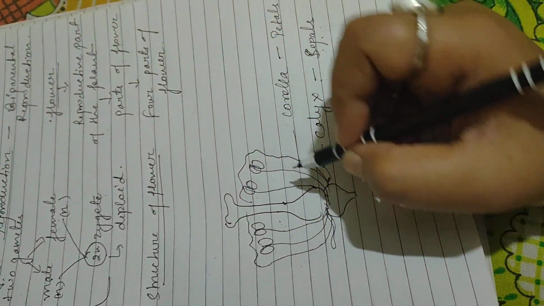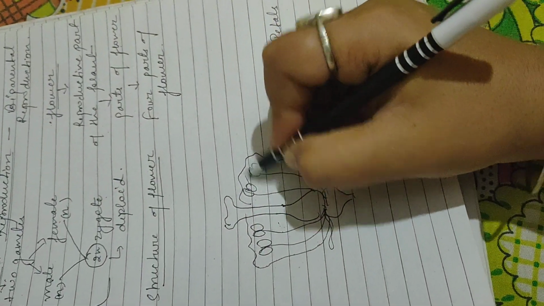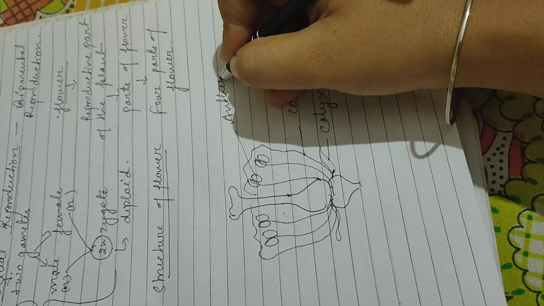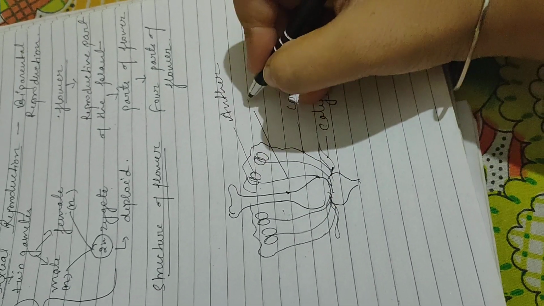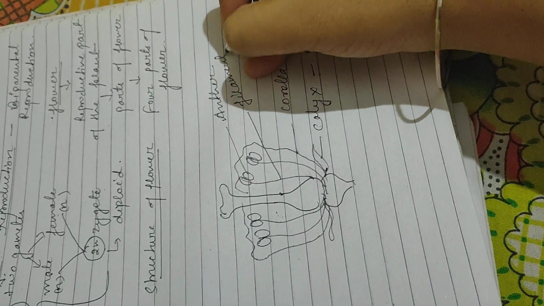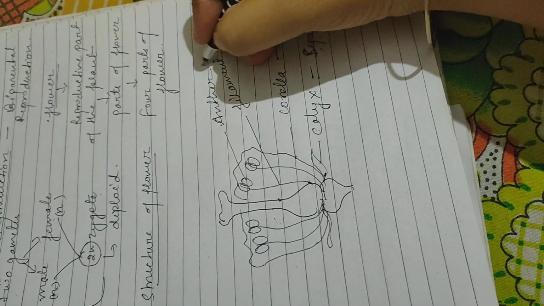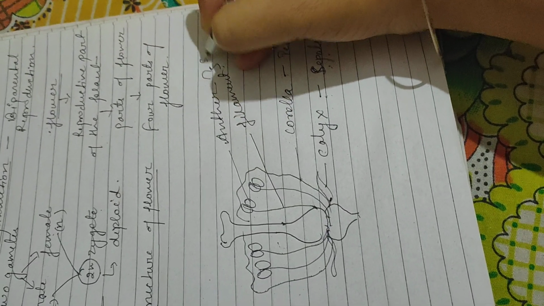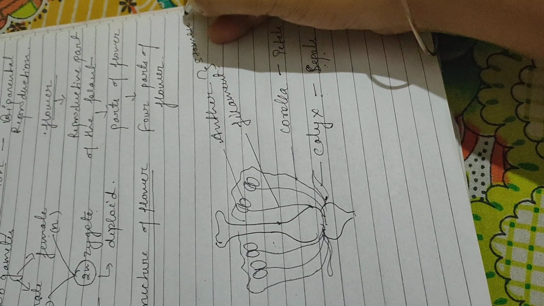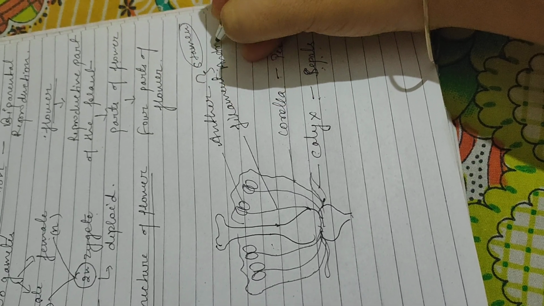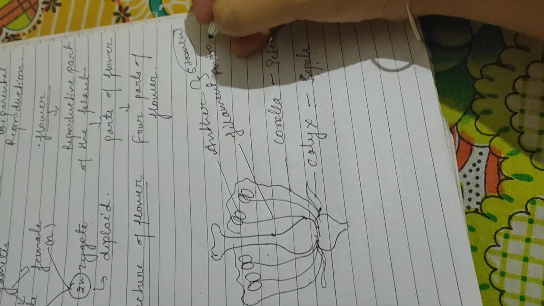Next, this is the male part of the flower, known as anther, and this is the filament. Both anther and filament join together to form the stamen. Stamen is the unit of the male part, which is also known as androecium.